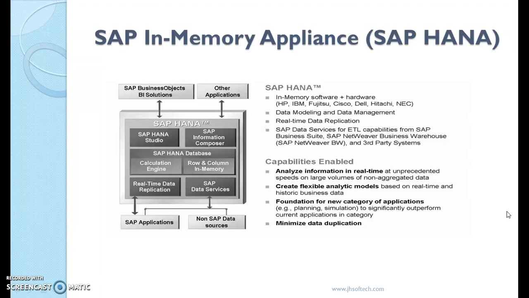The hardware used to be purchased from one vendor and the database from another, and for software they used to come to SAP, because SAP used to sell only software. But after HANA, SAP is selling the entire hardware required for the HANA system as well as the software. This is what we have.